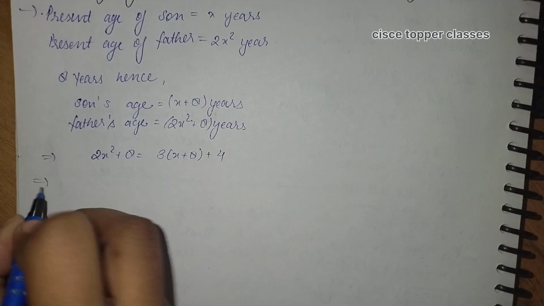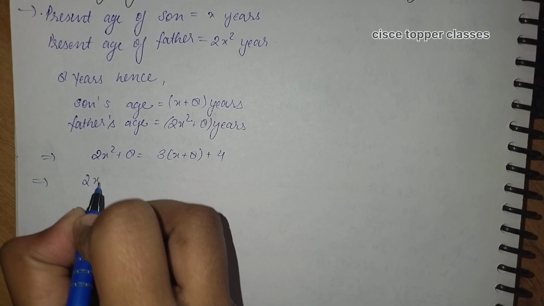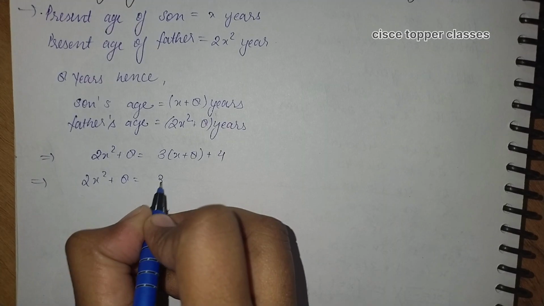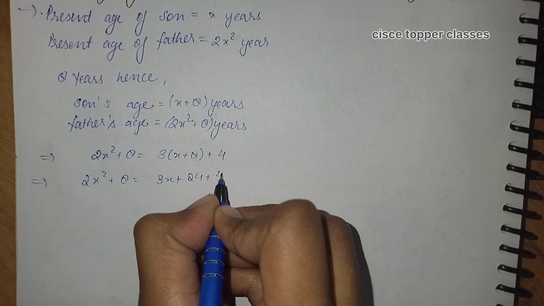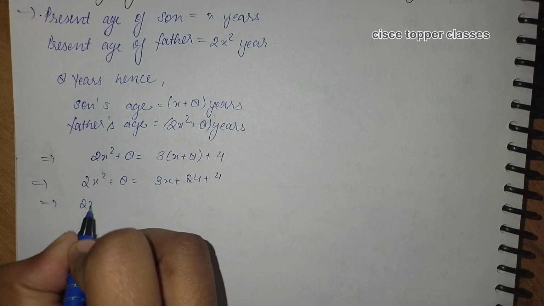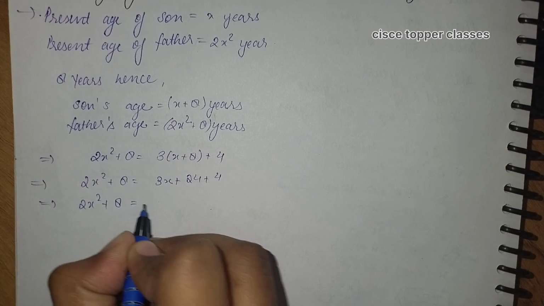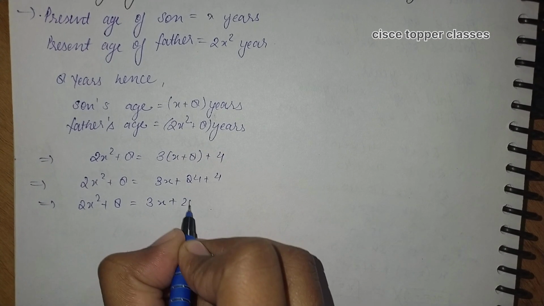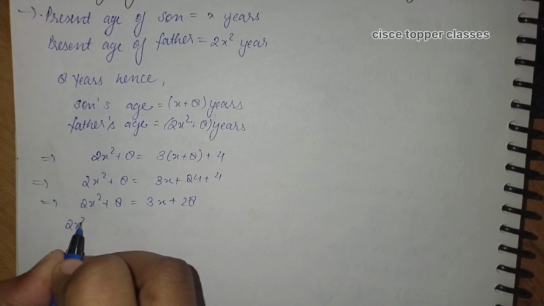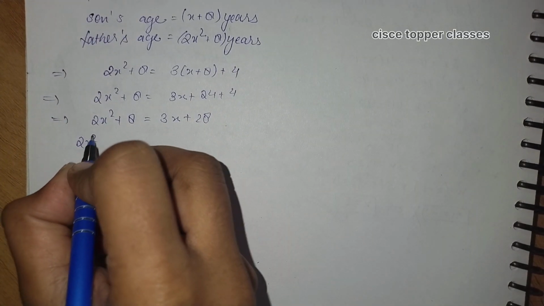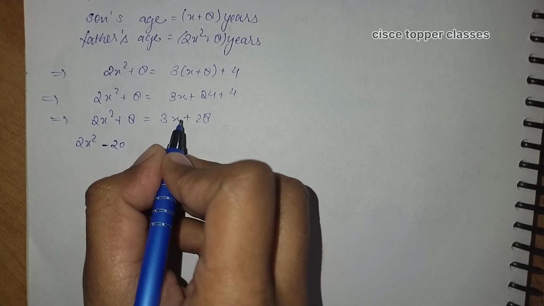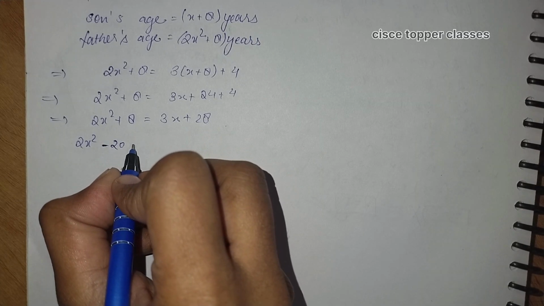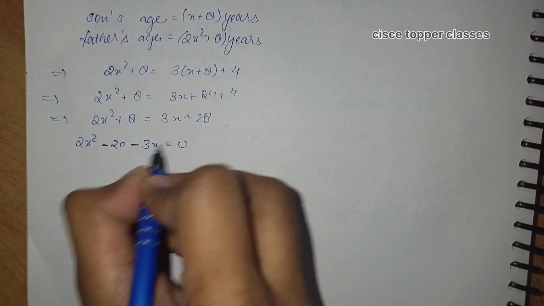On making a quadratic equation we will solve, so it will become 2x square plus 8 equal to 3x plus 24 plus 4. So 2x square plus 8 equal to 3x plus 28. And on solving this quadratic equation, it will form 2x square minus 20 and minus 3x this side equal to 0.